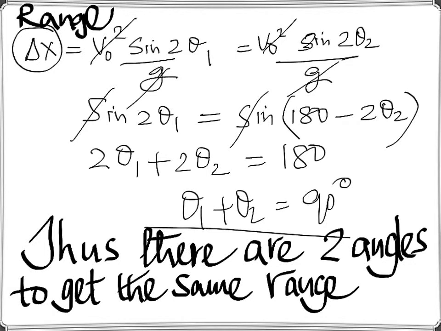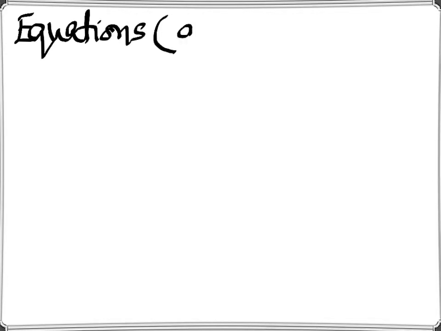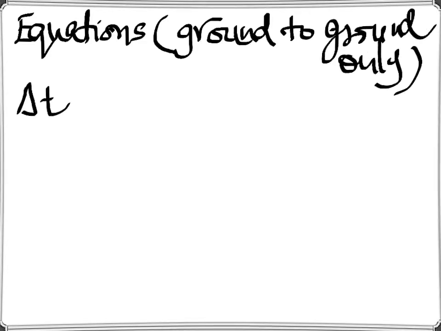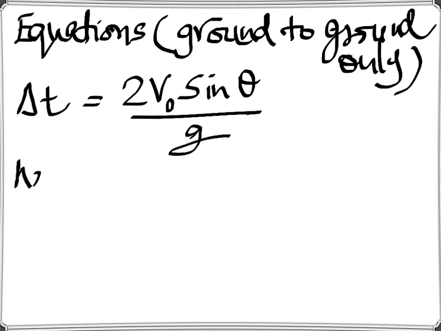The horizontal displacement is called range. Here I am trying to give you some ready-made equations that only work when the projectile goes from ground to ground, or lands back on the same horizontal level. For the time of flight, it's 2v0 sine theta by g.